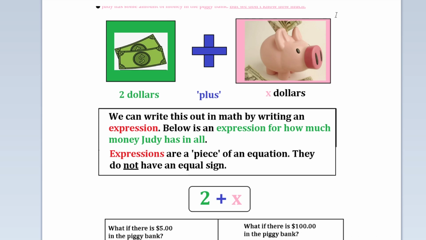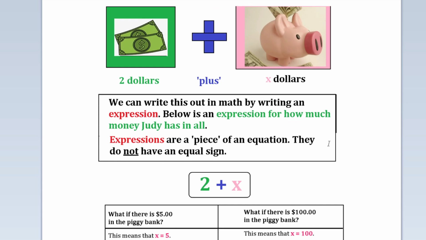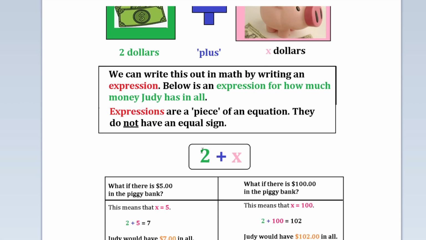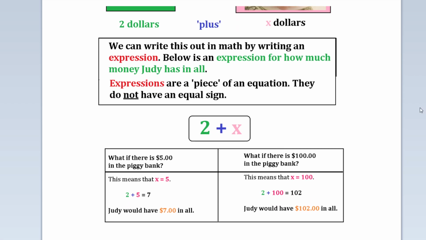So if we say this missing amount of money in the bank, this unknown, this question mark here, is x, we can represent how much money she has altogether by the expression 2 plus x. Then we can use this expression if we find out how much money is in the piggy bank. Say Judy cracks open the bank and she has $5 in the piggy bank.